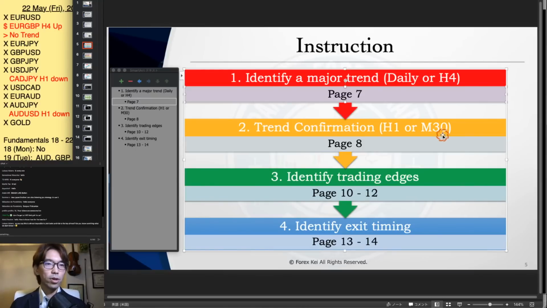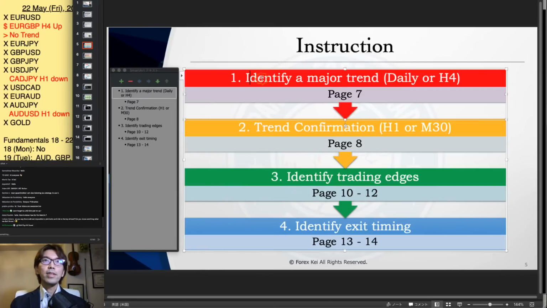Or if you are more towards an intraday trader, you can just take 1 hour or 30 minutes to get the major trend to ride on, and take trades by looking at smaller time frames. That's okay too. But the point is to look at 2 or 3 different time frames to identify a trend and execute the trade. And this is the essence of this KTS.